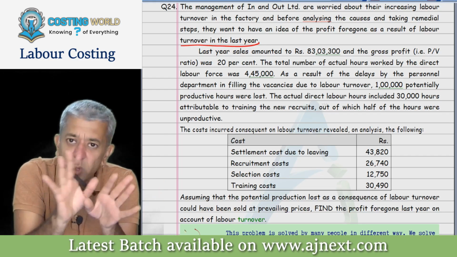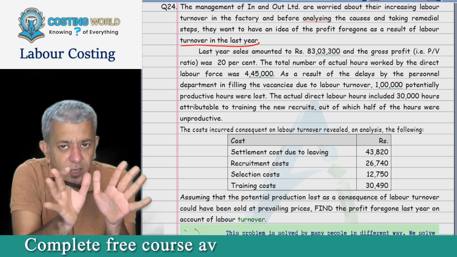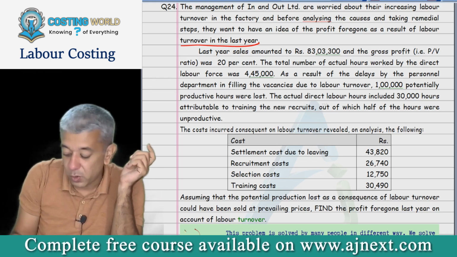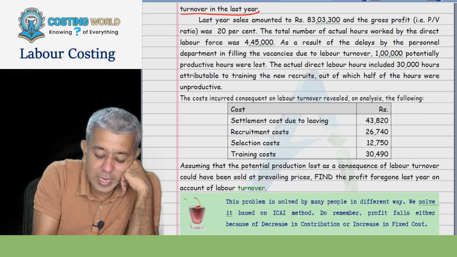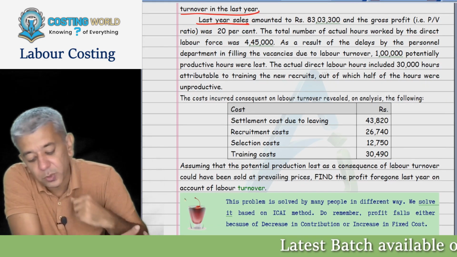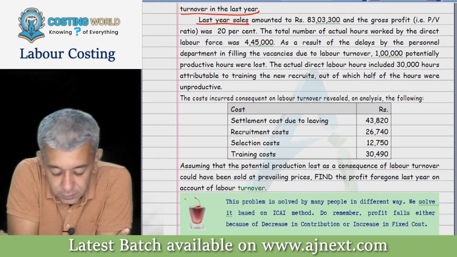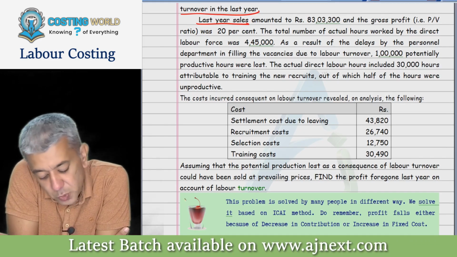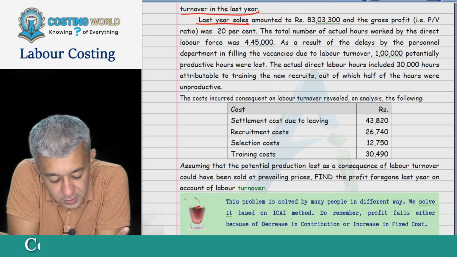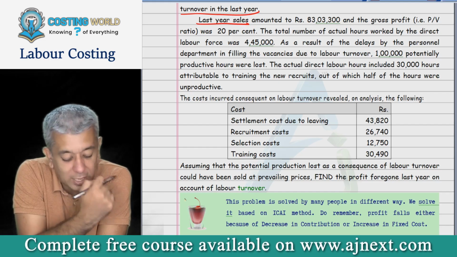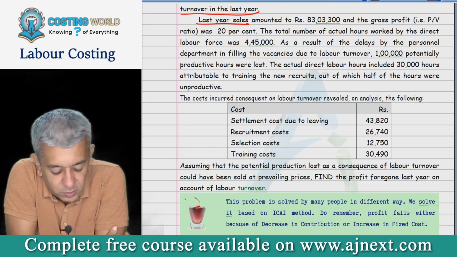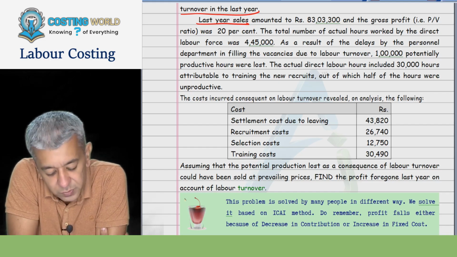They are trying to find out due to labor turnover how much profit we lost in the last year. So there is nothing about current year. We are not interested also in current year. We are interested in last year only. Last year's sales amounted to 83,03,300 and the gross profit ratio was 20%. The total number of actual hours worked by direct labor workforce was 4,45,000.